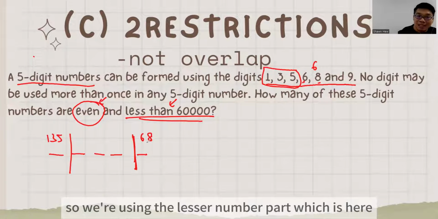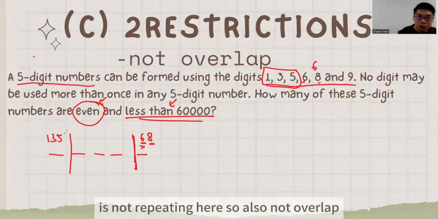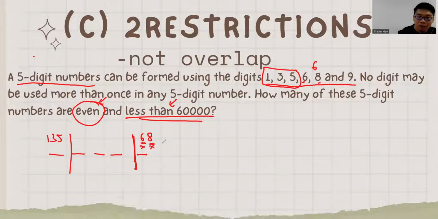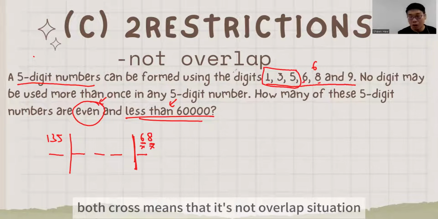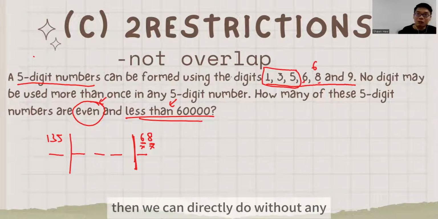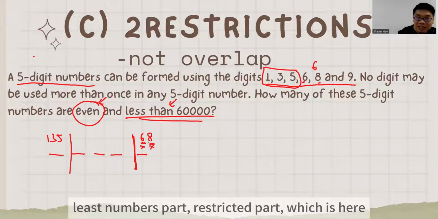So we look at the part with fewer numbers, which is here. The 6 is not overlapping, and the 8 is not repeating here either, so also not overlapping. When we find that both cross out, it means it's a non-overlap situation, so we can directly calculate without any special technique. We start counting from the part with the fewest numbers, the restricted part, which is here.